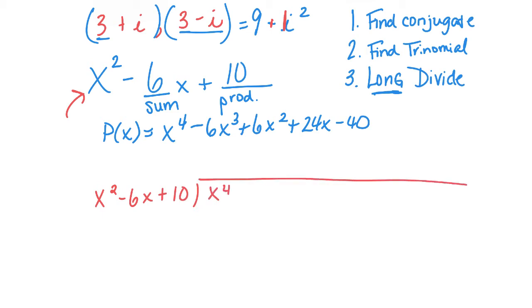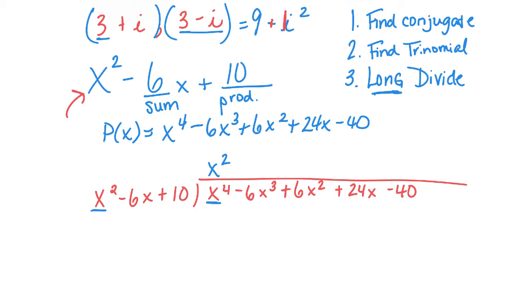Now, don't let this intimidate you. If you know how to do long division, you're going to do awesome with this because it's actually a lot easier. And I'll show you why. First into first goes x squared. So when I distribute this, remember this has to go to 1, 2, 3.